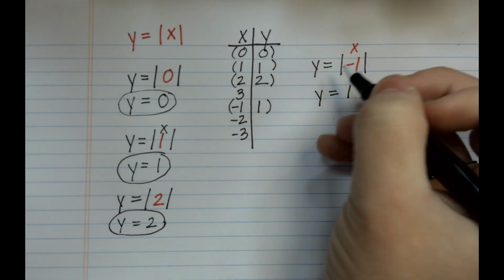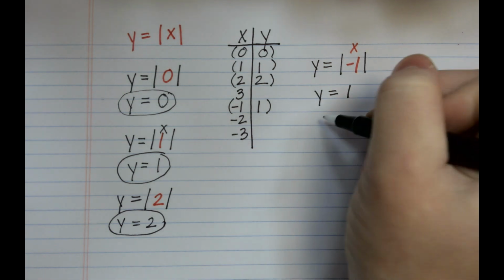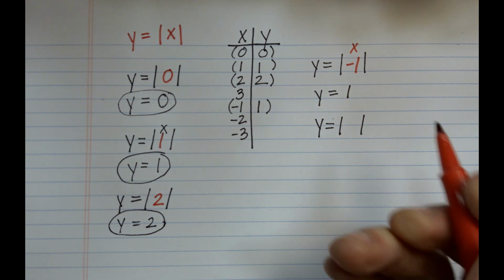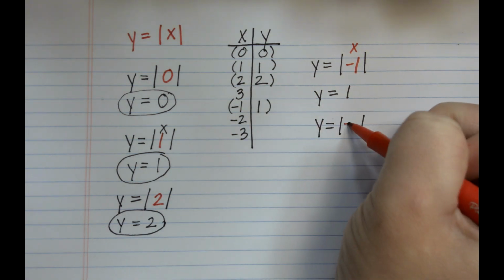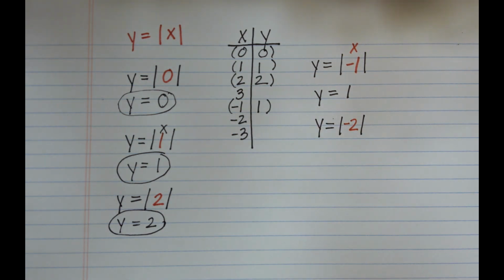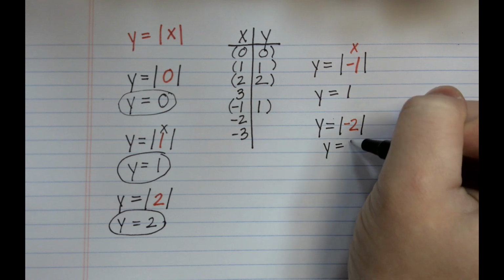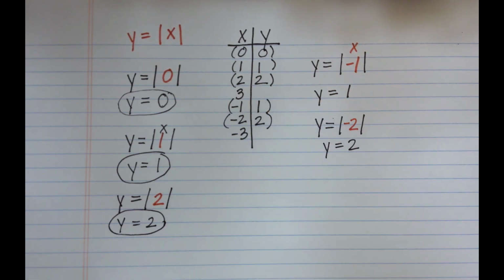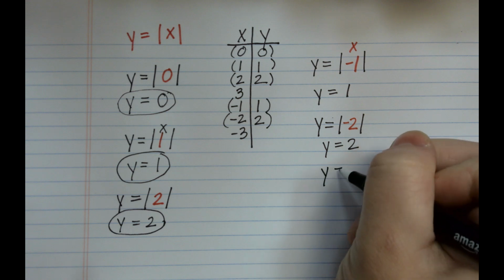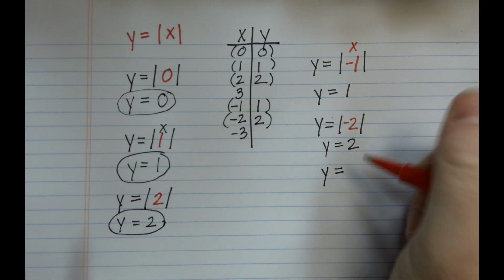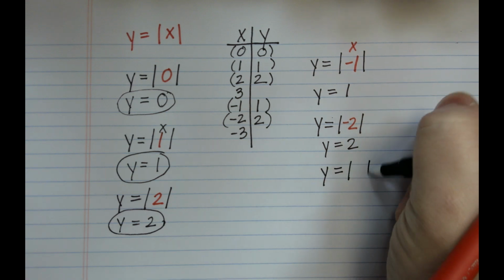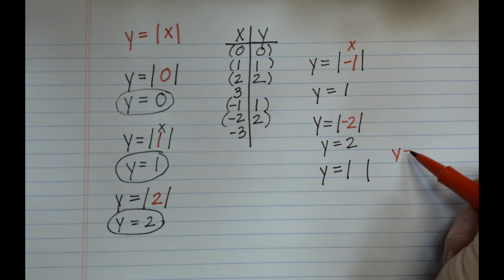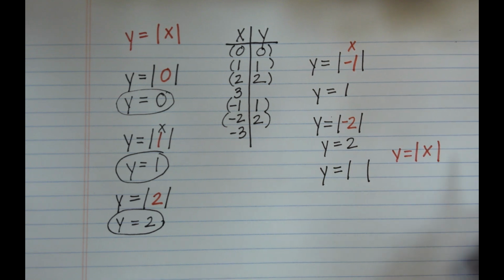So let's try another x value. I want to know what y is whenever I put -2 instead of x. 2. So y equals +2. And we just graphed it the exact same way. So whenever I put -3 instead of x, because remember, this is that original equation, y is the absolute value of x.